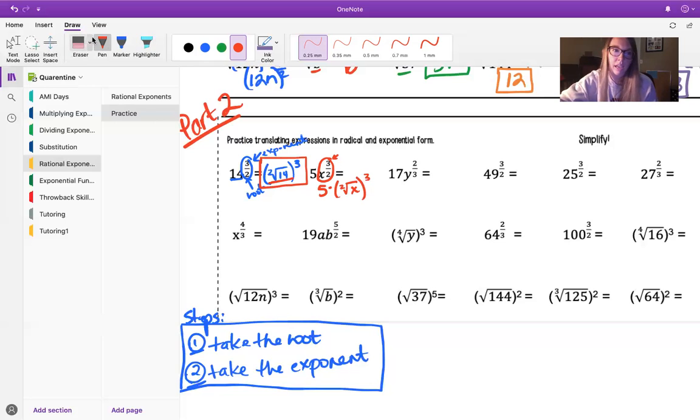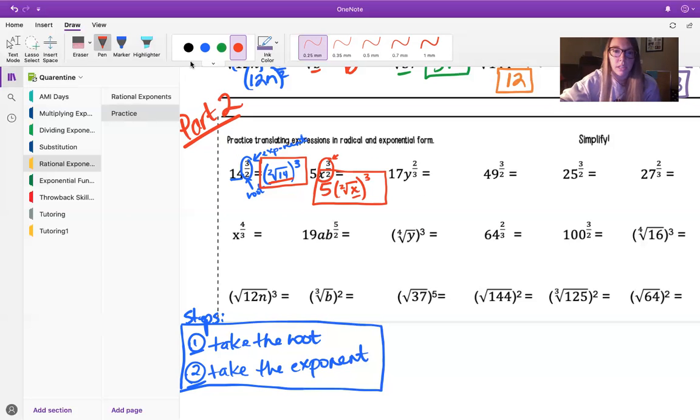The denominator is my root, and the numerator is my exponent. Now again, that can't be simplified any further, so that would be the final answer. Now if we could simplify it further, if we had a number here, let's say 16, the square root of 16 is 4. 4 cubed would be 4 times 4, 16, times 4, 64, times 5. So if we knew what x was, there's a possibility we could simplify it further.